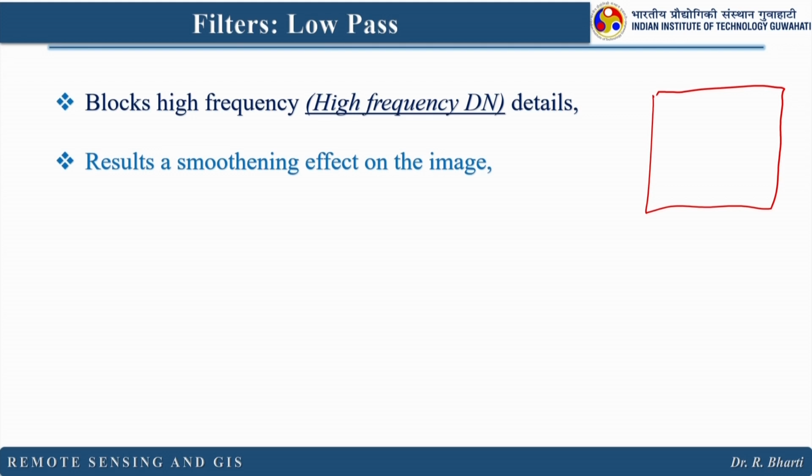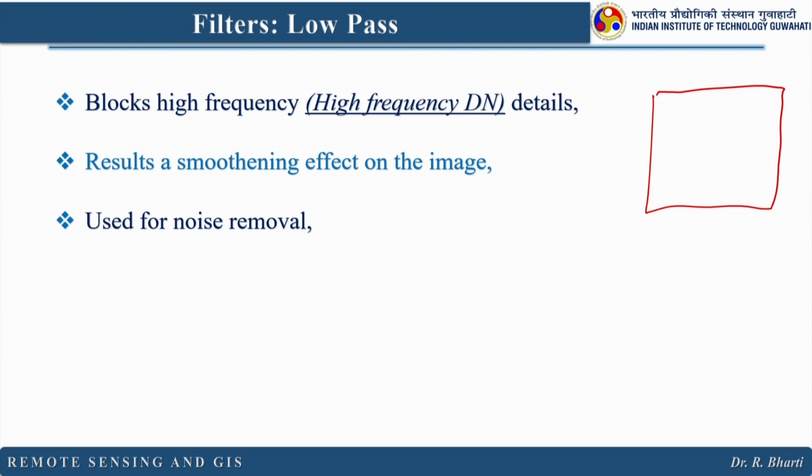So, here first you need to find out high frequency DN values and low frequency DN values, and then if you apply a low pass filter, all the high frequency values will be suppressed and low frequency values will be passed. So, your output image will be different from your input image, and we will see some examples.